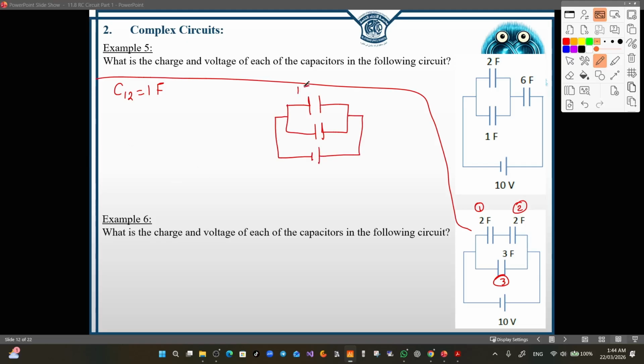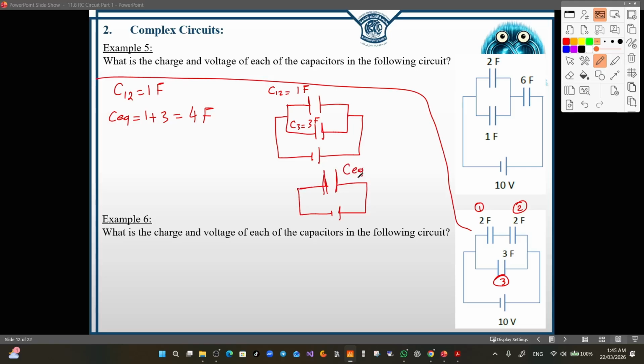Now the 1 farad, which is the C1,2, is connected in parallel with C3, which is equal to 3 farad. And in parallel, we just add them in the normal way to find the equivalent. So C equivalent is 1 plus 3 equals 4 farad. So finally, we get the sketch for this electric circuit, where here we have the C equivalent.